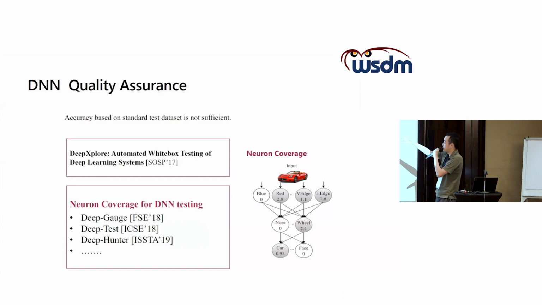That's why I show some examples of how software people apply the concept we call neuron coverage analysis for deep neural network testing. From the very beginning, the system conference paper appeared in SOSP 17, and we also see a lot of works applying neuron coverage for different kinds of analysis.